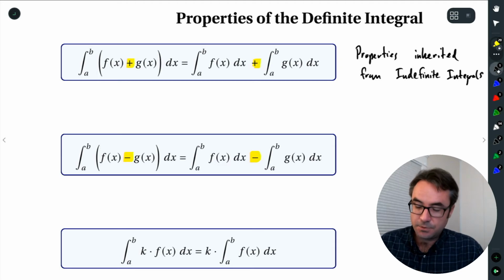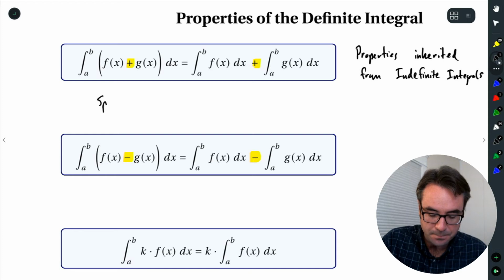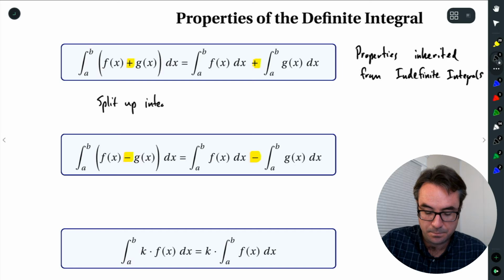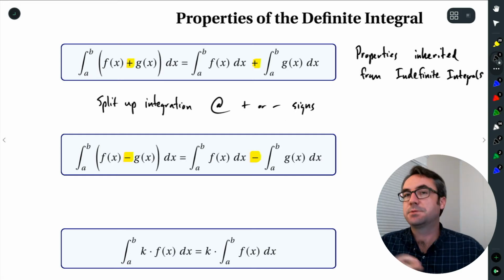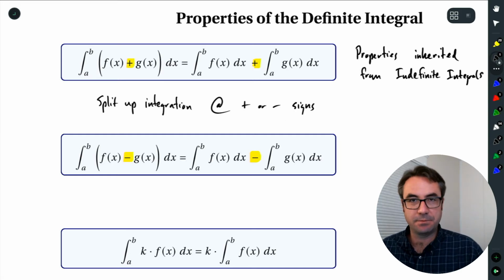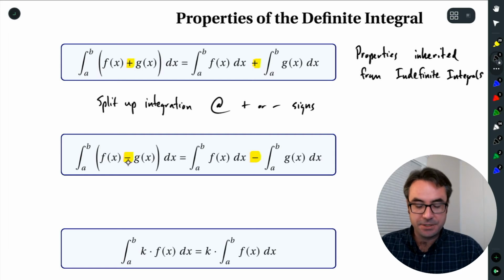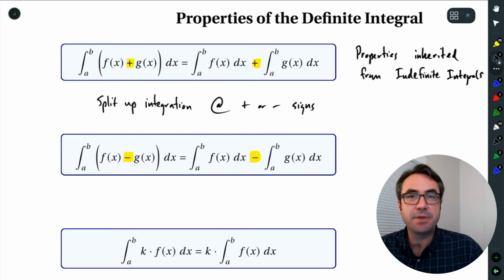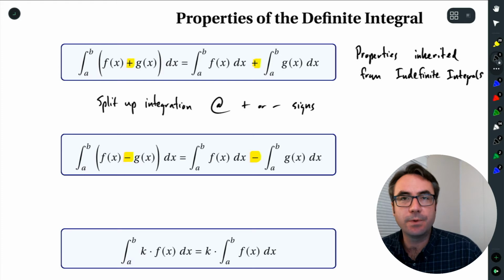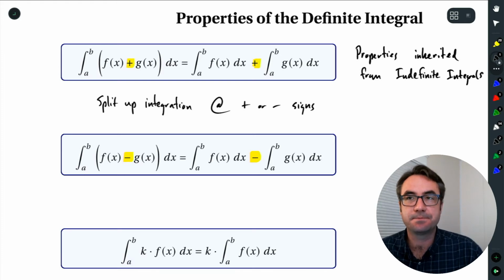So what these two really show is that we can split up the integration at plus or minus signs. Multiplication and division are something completely different, but for addition and subtraction, we can split up the integration, just like we were doing with indefinite integrals.